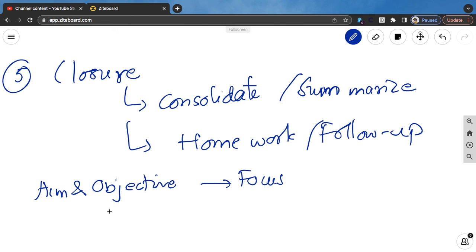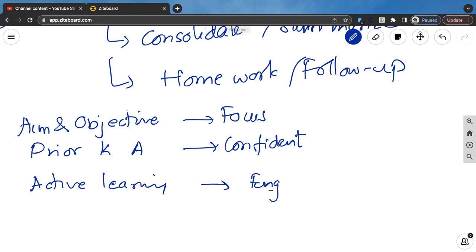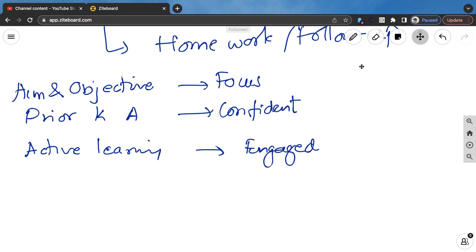They know what is expected of them. Doing prior knowledge activation so that you make them confident about the learning, that oh yes, I know something about it already and now I'll go. Active learning so that the students are mentally engaged and they stay alert and involved all the time.